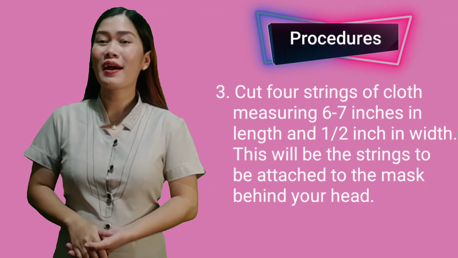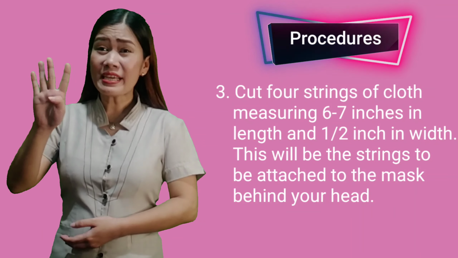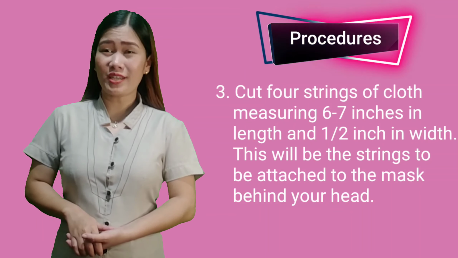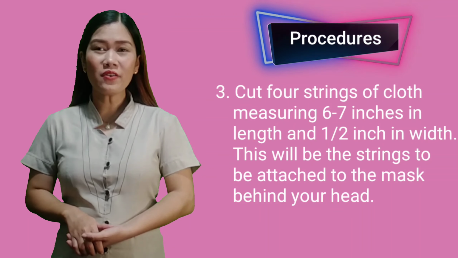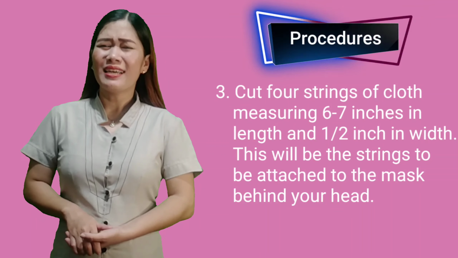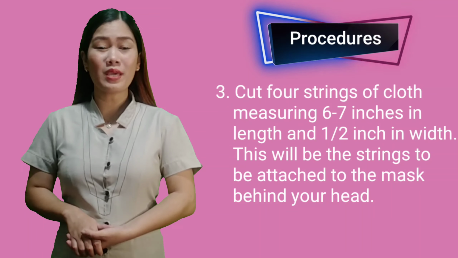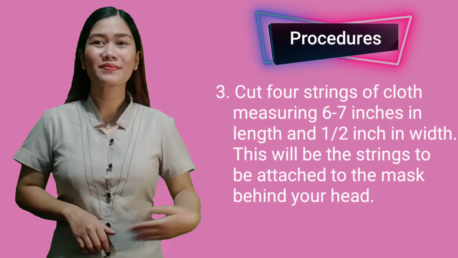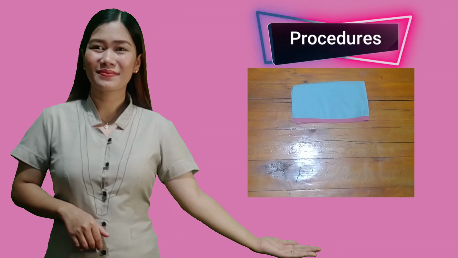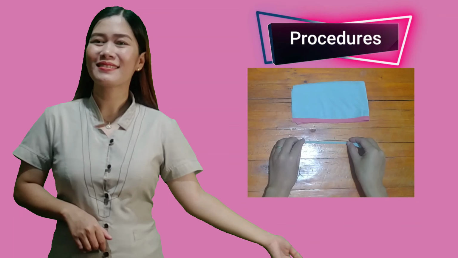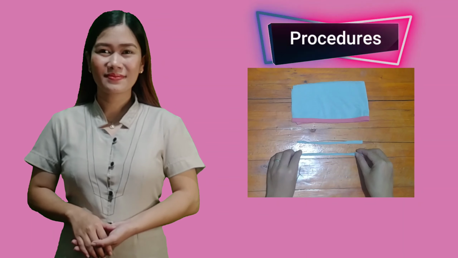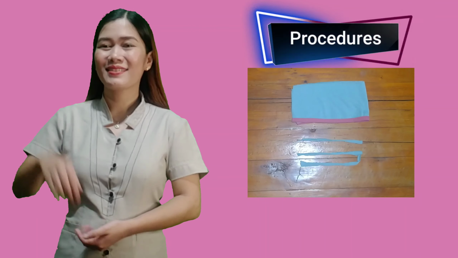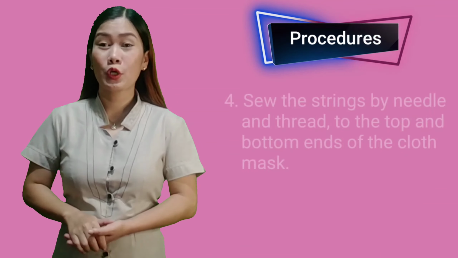Number 3. Cut 4 strings of cloth measuring 6 to 7 inches in length and 1/2 inch in width. This will be the strings to be attached to the mask behind your head. Number 4.